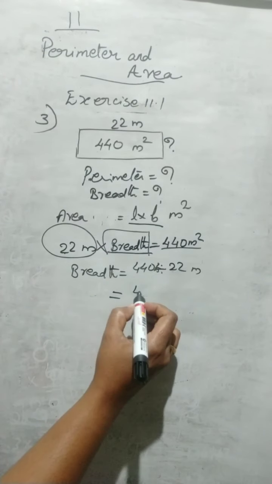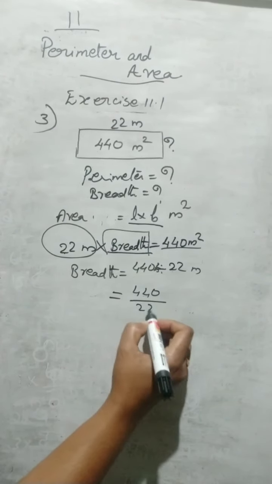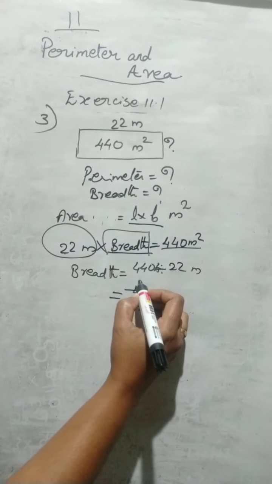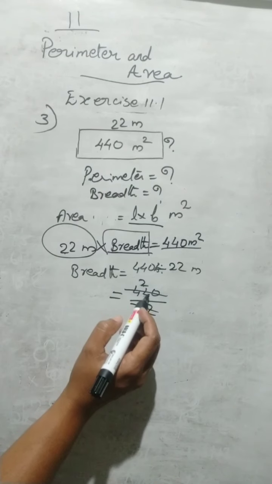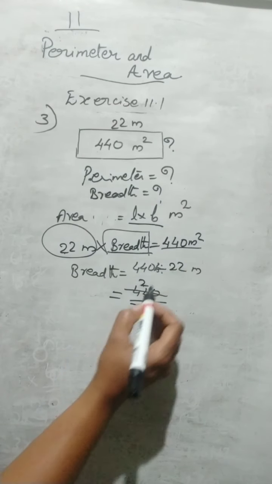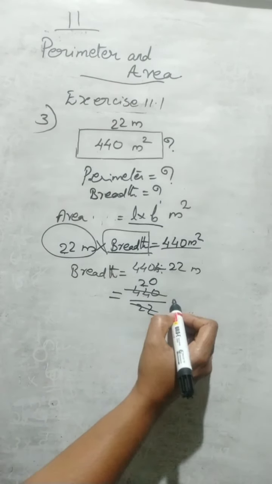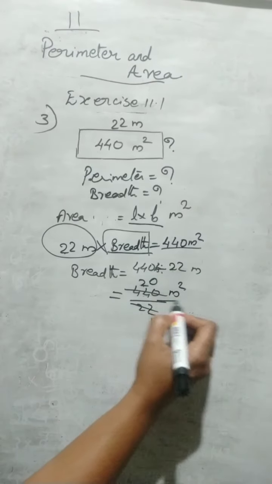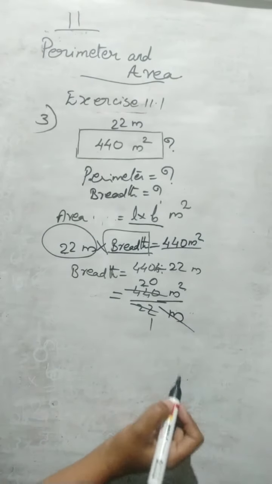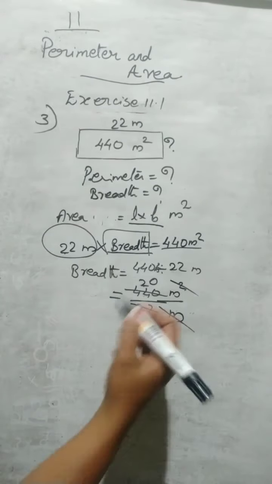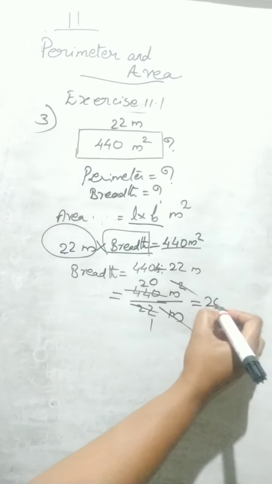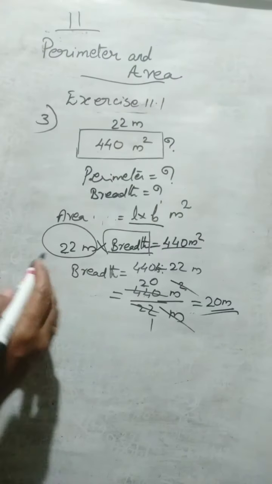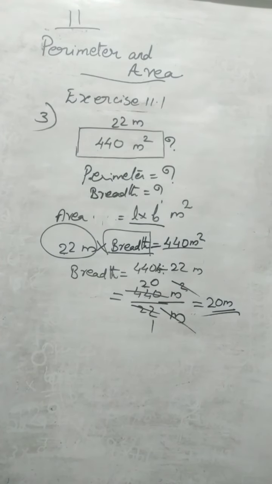Then 440 divided by 22. 2 times 22 is equal to 44, then one 0 is there. Here meter squared and here 1 meter, so 1 meter cancels, the square remains. So 20 meter is the breadth of this rectangular plot.